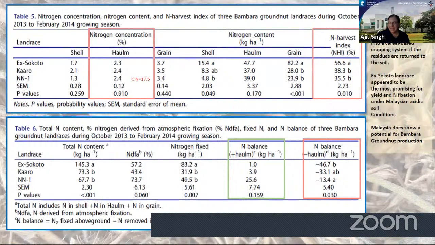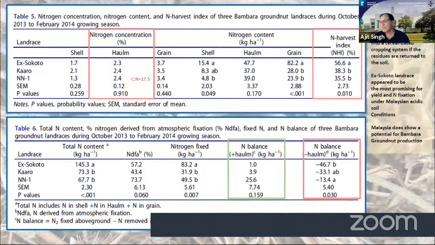Okay, but again, come to the N balance. Yes, so if you return back the residues, there is a positive N balance here, particularly for this crop, which had quite a high 25.6 kg of nitrogen per hectare. But if you remove the residues, then all the varieties that we tested have a negative N balance.